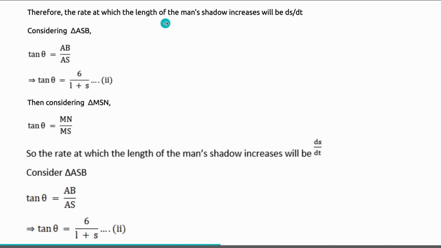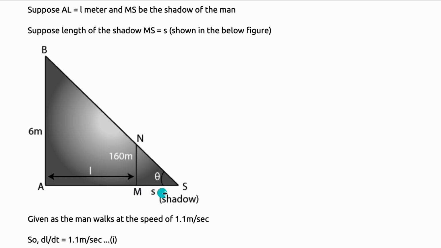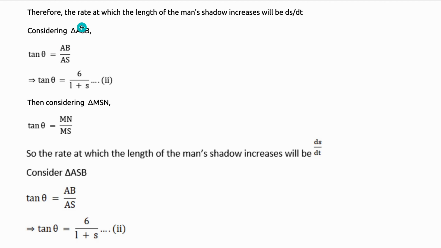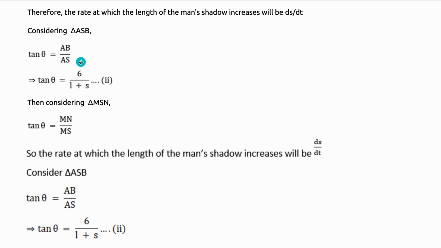Now therefore the rate at which the length of the man's shadow will increase, let that be ds by dt, as we have marked here in our diagram, so in our figure. So that will be ds by dt. So considering triangle ASB, the bigger triangle, we can write that tan theta is equal to AB by AS, because tan theta is equal to perpendicular upon base.